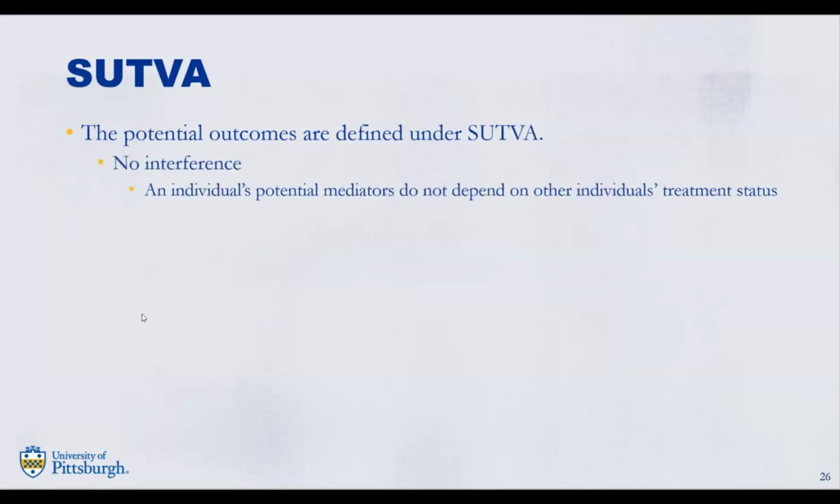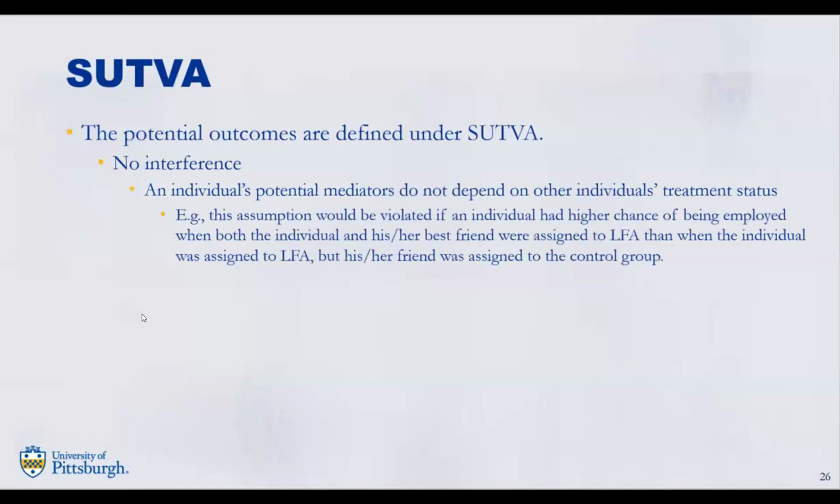That means an individual's potential mediators do not depend on other individuals' treatment status. For example, this assumption would be violated if an individual had a higher chance of being employed when both the individual and his or her best friend were assigned to LFA than when the individual was assigned to LFA but his or her friend was assigned to the control group. That means the individual's potential mediators depend on other individuals' treatment status. In this case, the assumption would be violated.